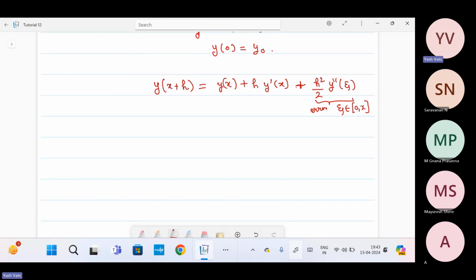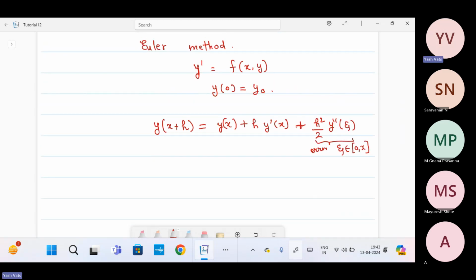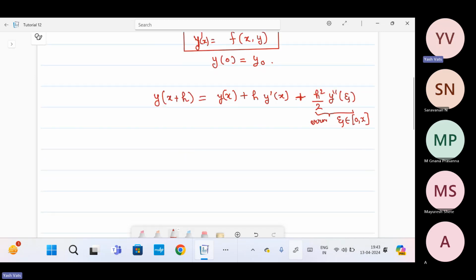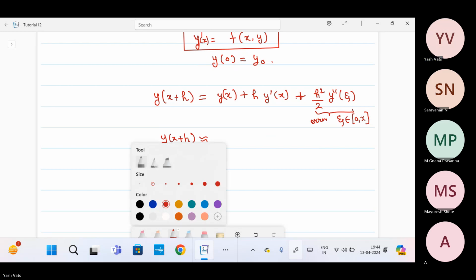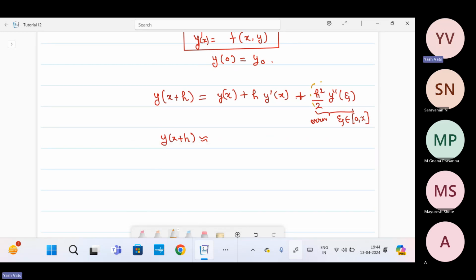You know the value of y prime of x, which is f(x, y). So you can just substitute here, and if I omit this term, y(x plus h) is approximated as y(x) plus h f(x, y), okay?